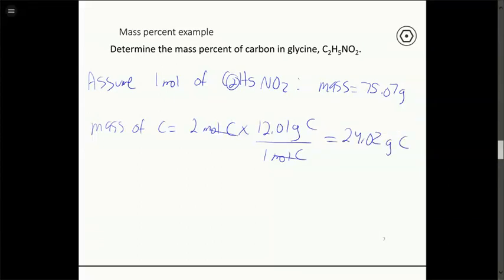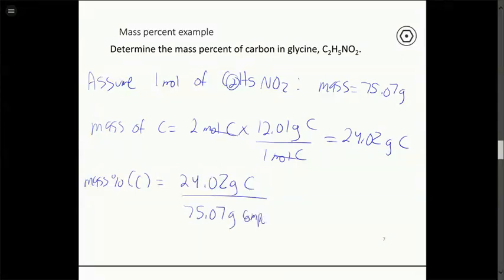All right, so again, that's just the contribution of carbon to the total molar mass as we calculated it much earlier here. So then if we want mass percent for carbon, we take that contribution from carbon, 24.02 grams, divided by the molar mass of the compound, mass of 1 mole, which is 75.07, and then multiply by 100.